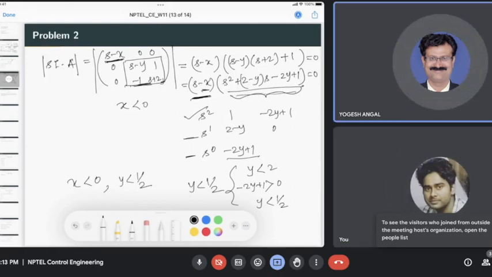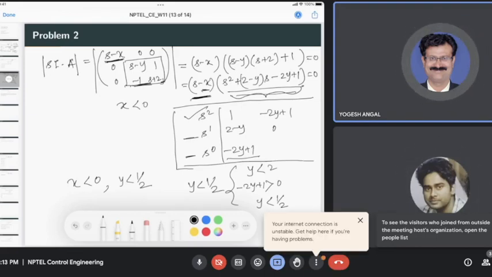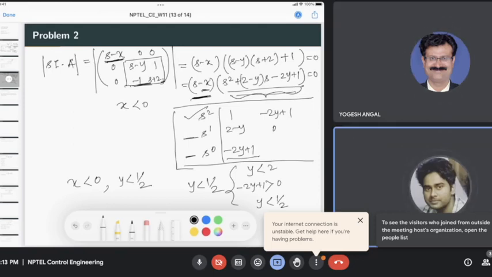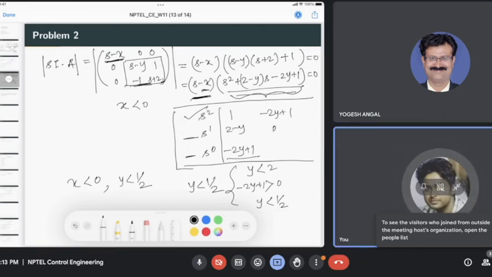Applying Routh criteria, you are applying which one? For this one, s minus x, x should be less than 0. That is correct. For the second one, you are applying Routh-Hurwitz criteria.